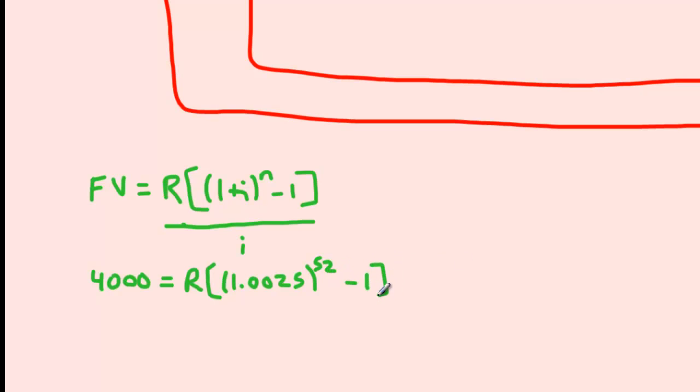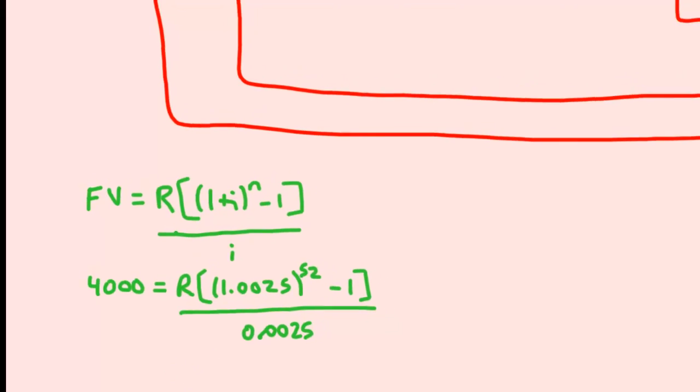Subtract 1, and then all divided by our interest rate, which was just 0.0025. Well, let's get our calculator out and figure out what's in these square brackets. And then we'll divide it by 0.0025, and then divide that whole thing on the other side to isolate for R. But let's start with what's in the square brackets.